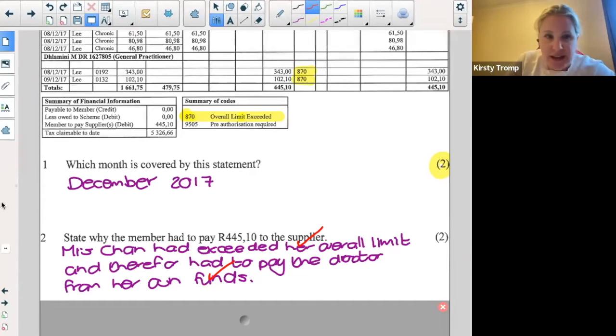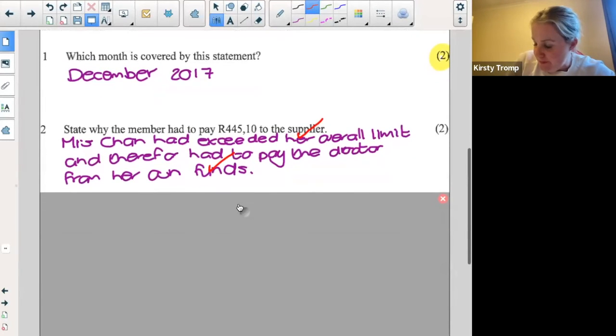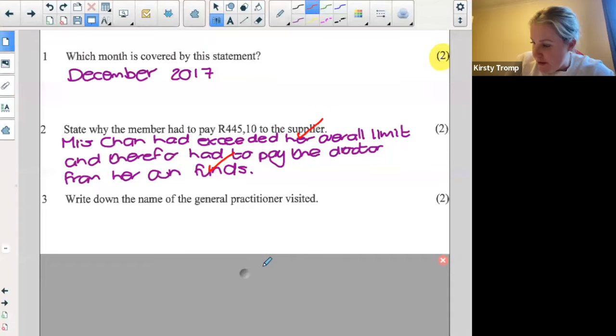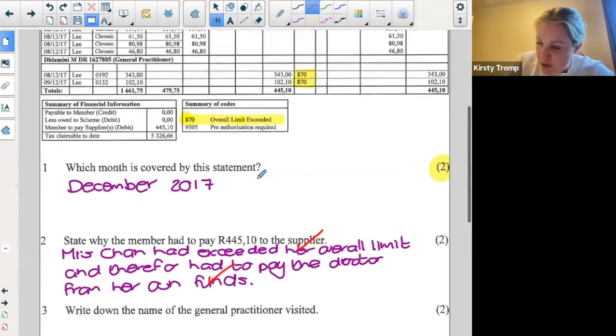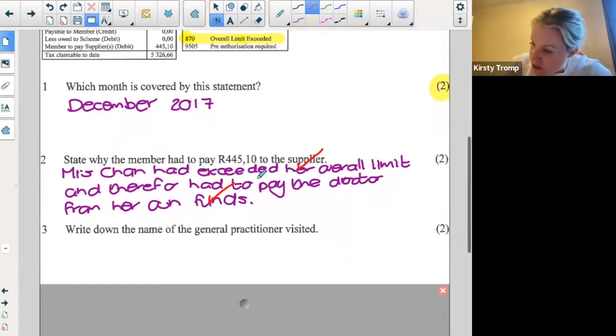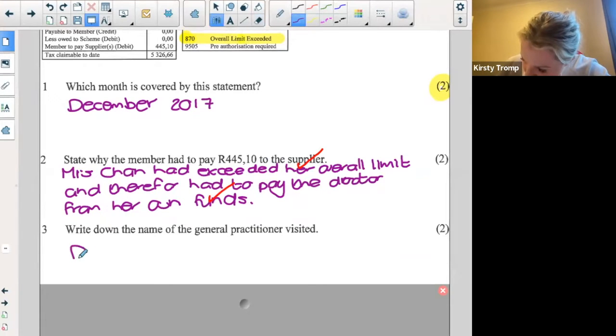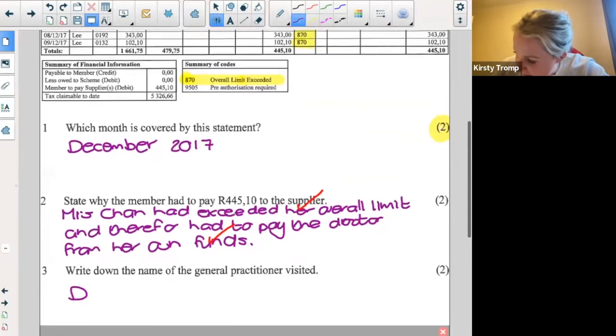Let's have a look at the next question. All right, so it says, write down the name of the general practitioner visited. So we know it gave us the name there. It said Dlamini M. Dr. I want to make sure I get the name right.